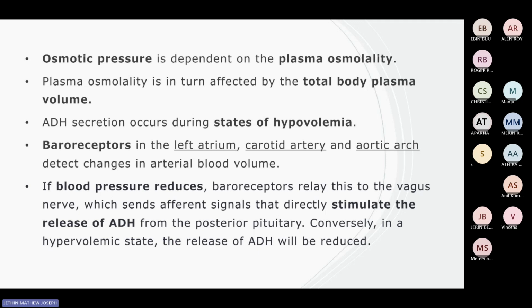In states of hypovolemia, there is less solvent, so plasma osmolality will be higher because the concentration of solute increases in a hypovolemic state. This can trigger the hypothalamus to secrete ADH. There is one more mechanism by which hypovolemia can increase ADH secretion. Our left atrium, carotid artery, and aortic arch have baroreceptors.